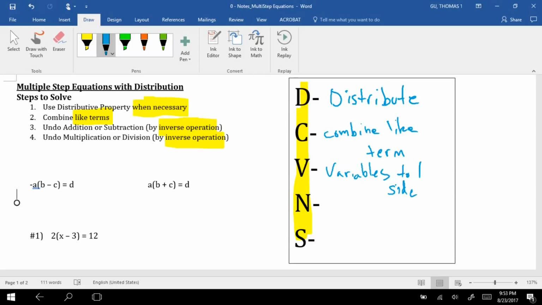What's the N mean? We get the numbers to the other side. There you go. And then last one, what's the S? S means solve. There you go. So these 5 steps, dumpsters contain very nasty stuff, can help you if you remember how to solve any of these questions.